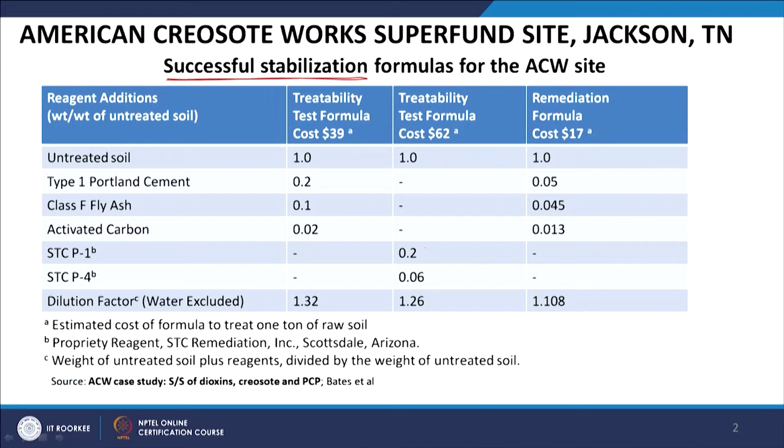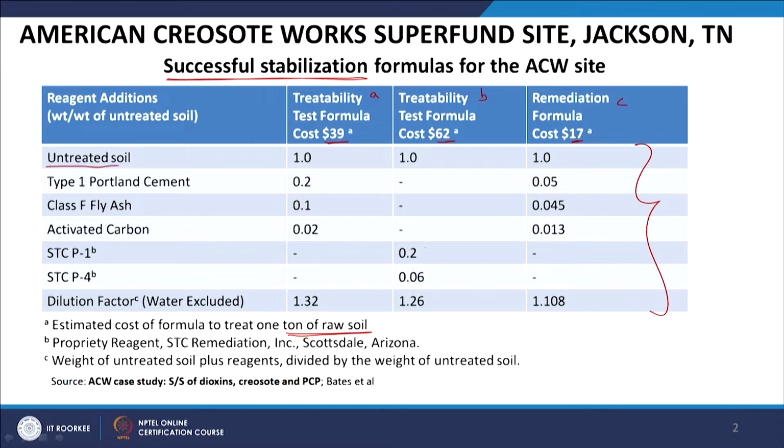And we looked at cases A, B and C, right, and one around 39 dollars per 1 ton of raw soil to treat, the cost of the formula to treat 1 ton of raw soil. Here it's 62 and here it's 17, the lowest. As we saw, I believe this is the one that was selected, but again let's just have a quick recap.